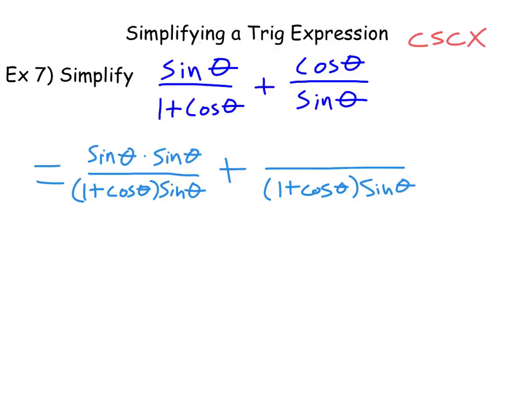Over here, we had cosine of theta. The bottom got multiplied by 1 plus cosine theta. So we need to do the same.